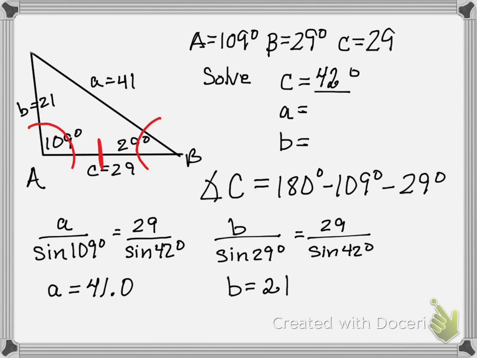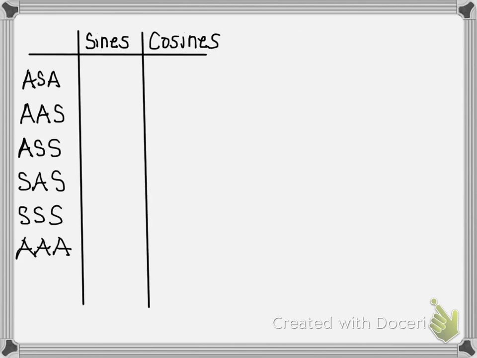Going to my table that we just saw pop up, we use the law of sines. Actually, the first thing we did was find the third angle, and then we used the law of sines. For AAS, I can find the third angle and use the law of sines.